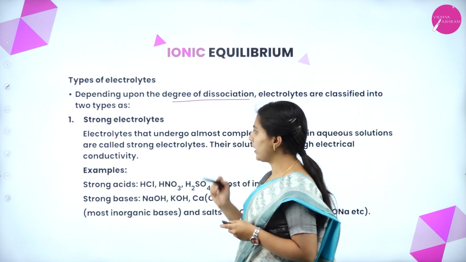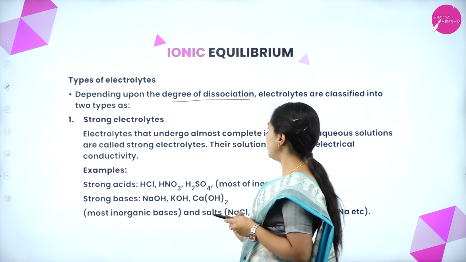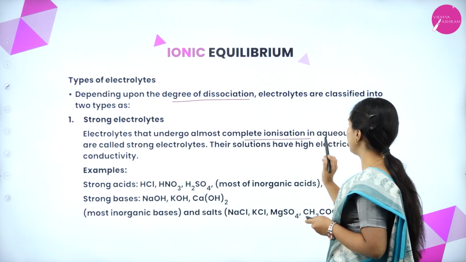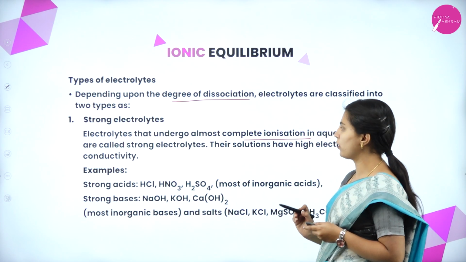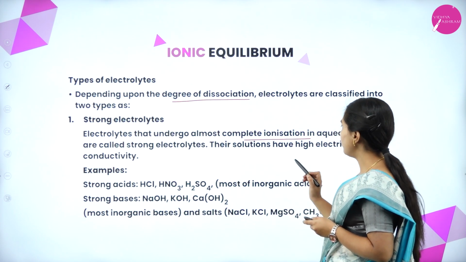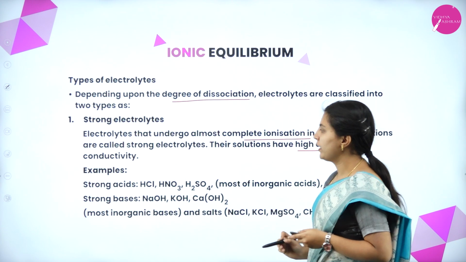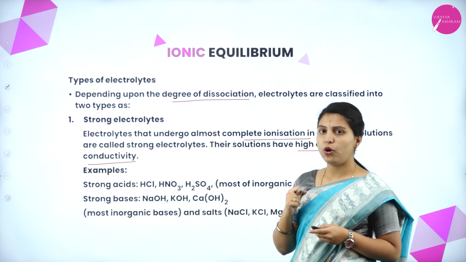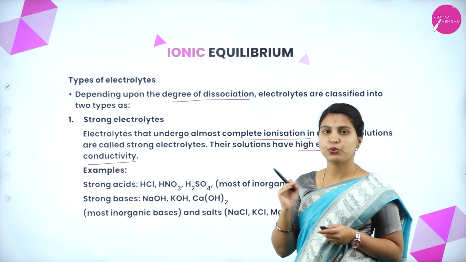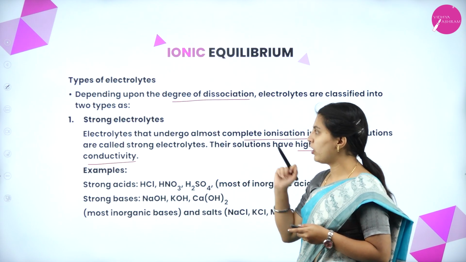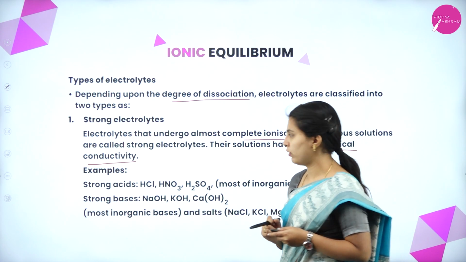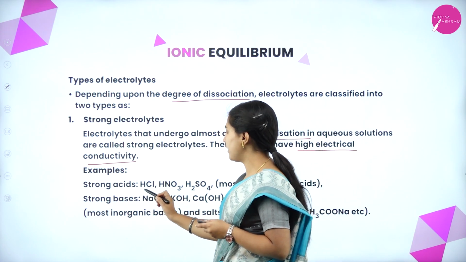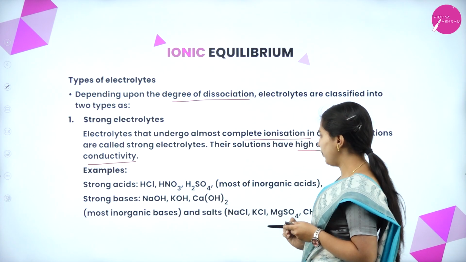First we will see strong electrolytes. Electrolytes that undergo almost complete ionization in aqueous solution are called strong electrolytes. Their solutions have high electrical conductivity. Examples: strong acids like hydrochloric acid, nitric acid, sulfuric acid.